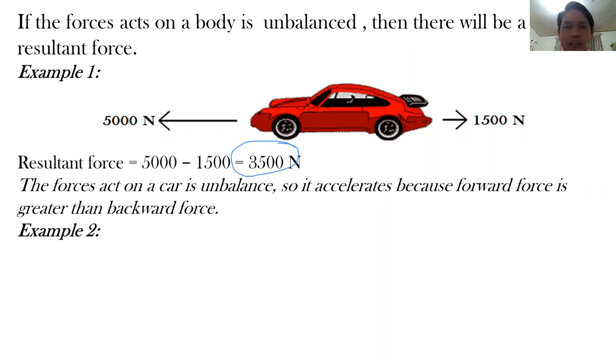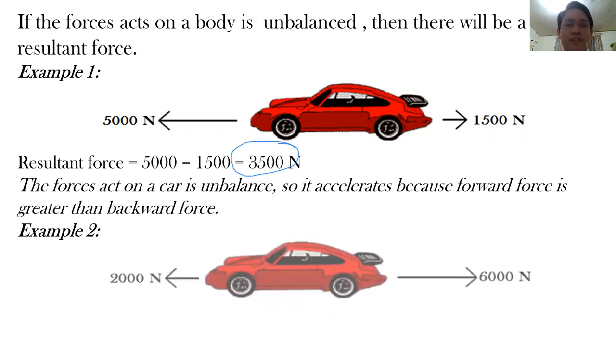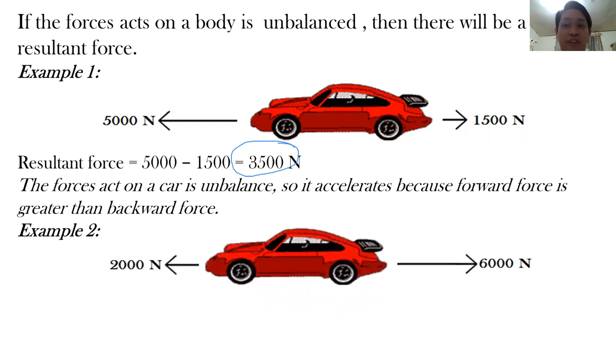So let's have another example. Example 2, this one. What have you noticed? You can notice that the arrows, of course, are not equal. So it's still unbalanced. And the direction is now opposite, like 2,000 Newton for the forward force and for the backward force is 6,000 Newton.